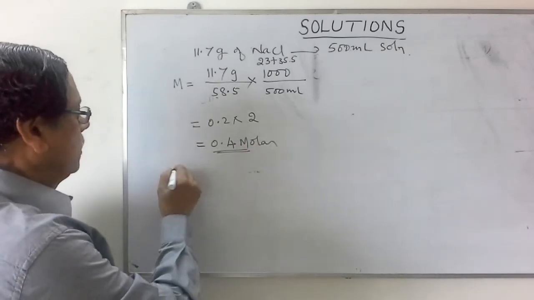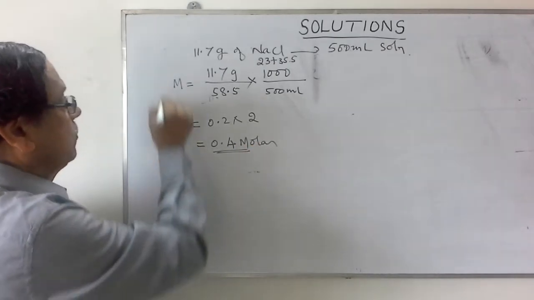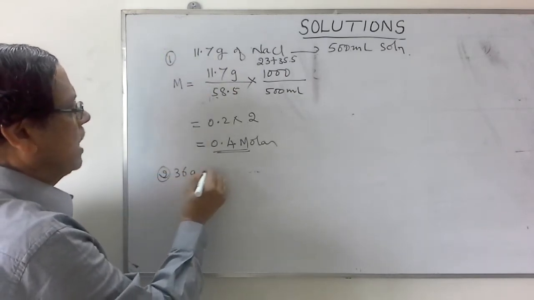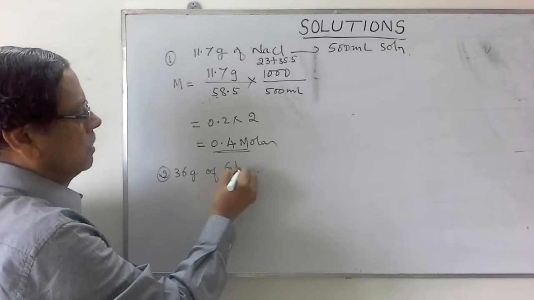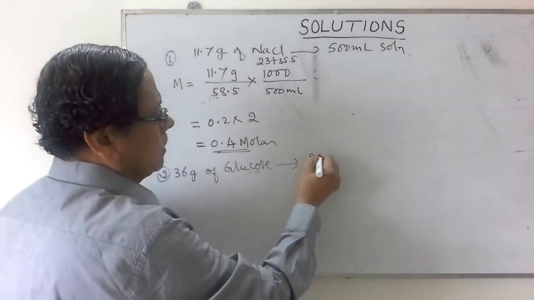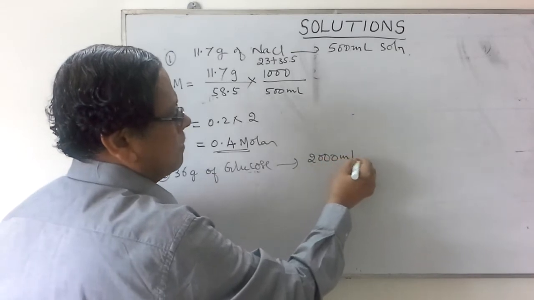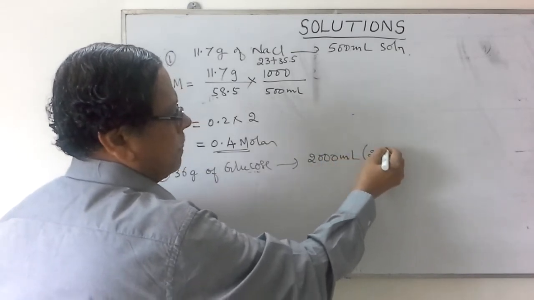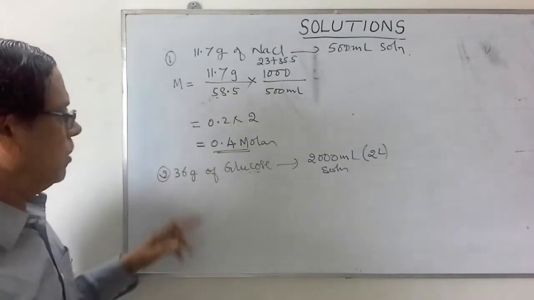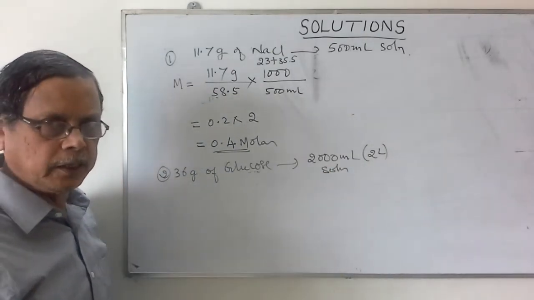The second example, you are given 36 grams of glucose dissolved in 2000 ml or 2 liters. This is the volume of solution. Then you want to calculate the molarity of the solution.